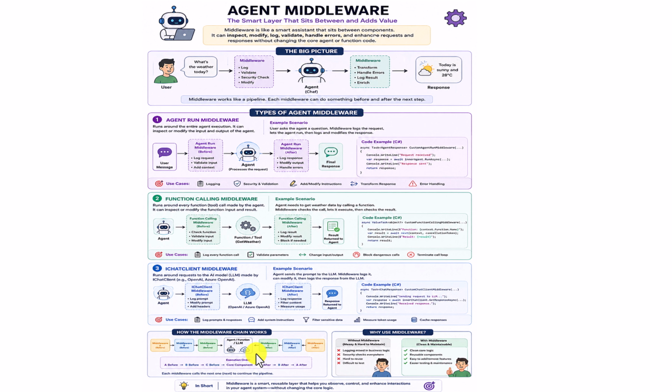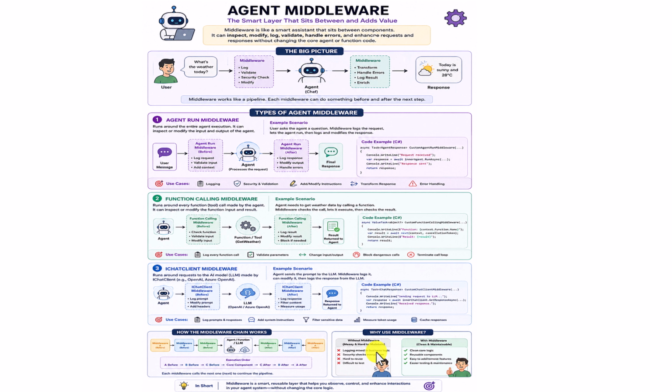How does the middleware chain work? So we have three middleware called A, B, C. If we start with A, it goes to B, C, then the agent. For the response, it goes back to C. That means the reverse order: C, B, and A. This is the order. Each middleware calls the next one to continue the pipeline.